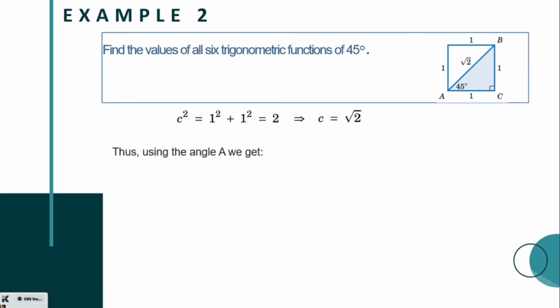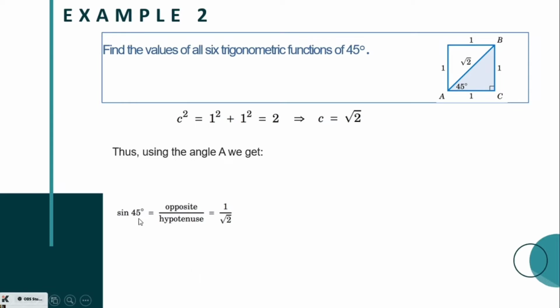So now we can look for the trigonometric functions of 45 degrees. Using angle A, we get sine 45 degrees is equal to the opposite. If you look at our figure here, the opposite of 45 is 1 over the hypotenuse, which is square root of 2.